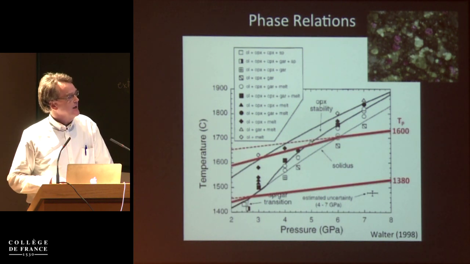So those two melting paths, 1600 degree potential temperature, or maybe say 1380 potential temperature here, comes up, and it's very easy for you to see that a path of decompression melting along this hot potential temperature will pass through these stability fields.